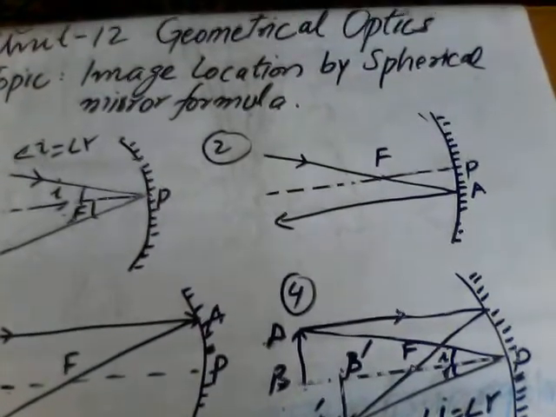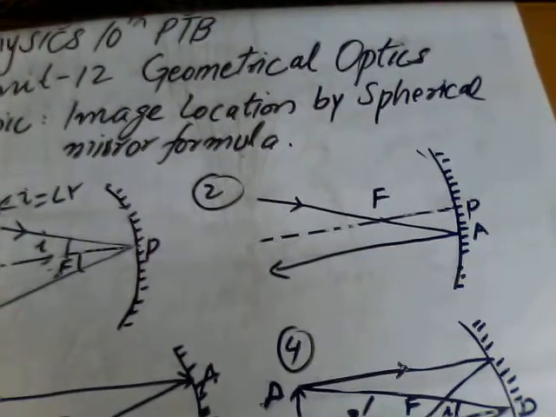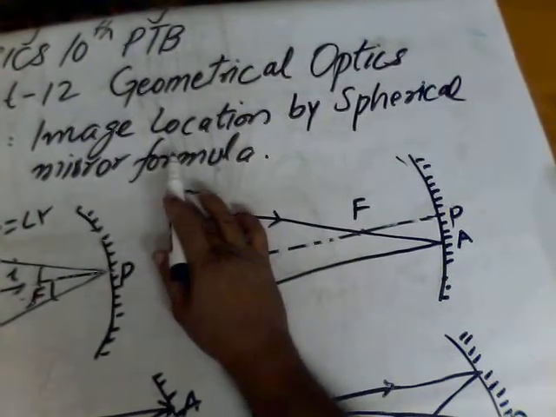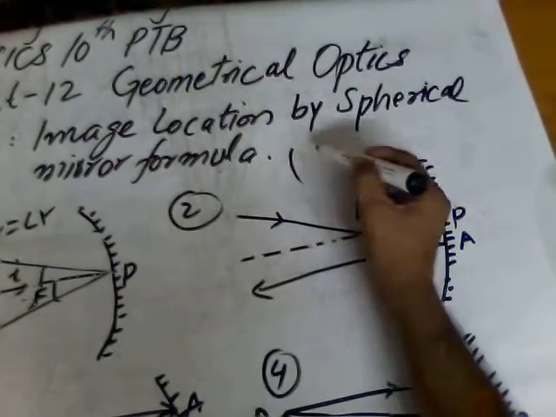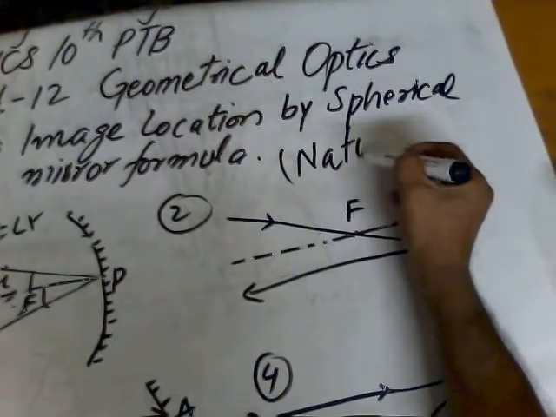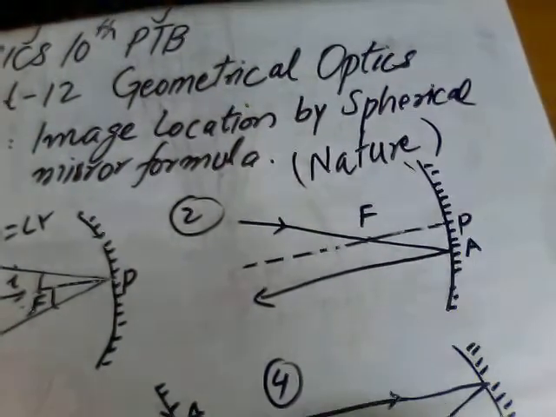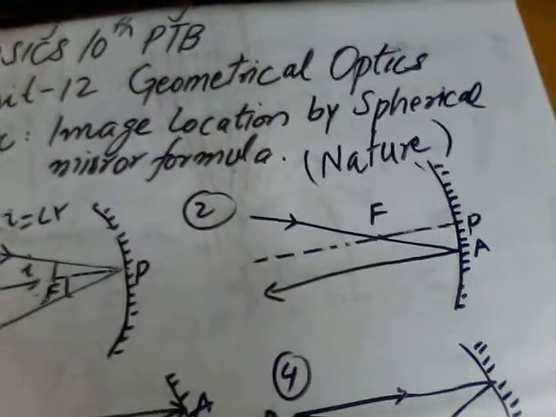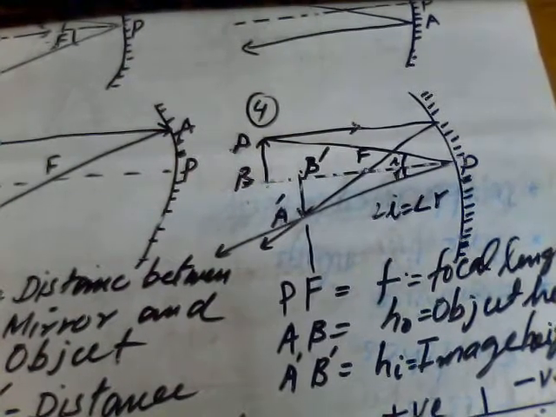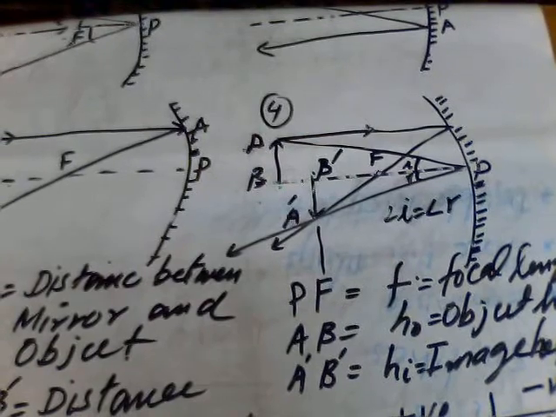Location means its position, where it should form. Nature means what type it will be, real or virtual. In this case, the image is real and inverted.